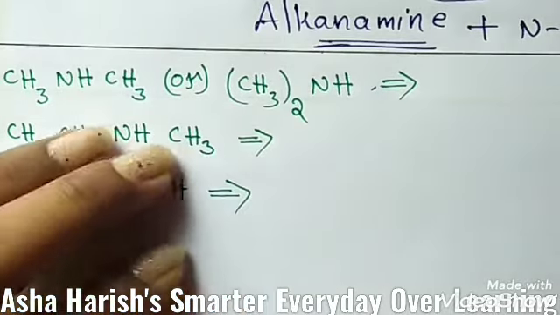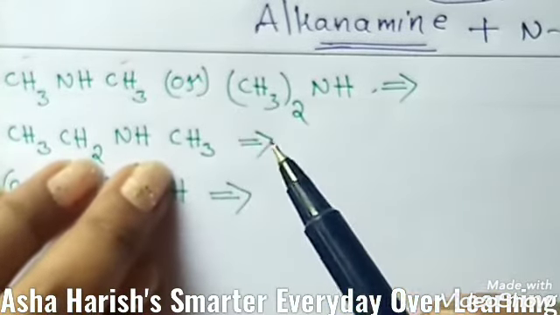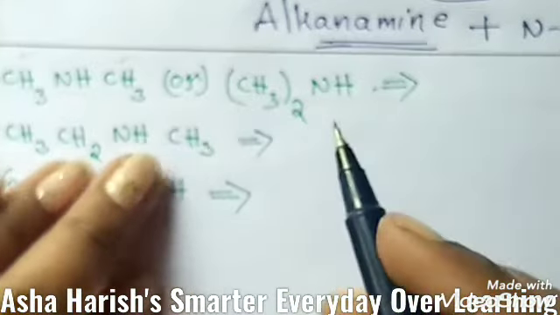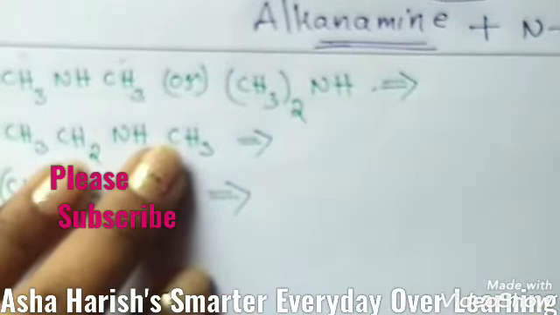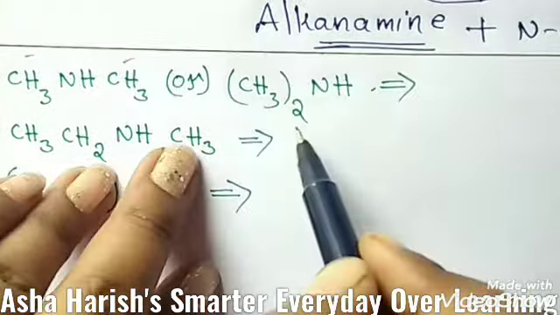The first example you can see here, CH3 NH CH3. So CH3 is the methyl group. From methane CH4, if you remove one hydrogen, you get CH3, the methyl group. And here the example is (CH3)2NH.